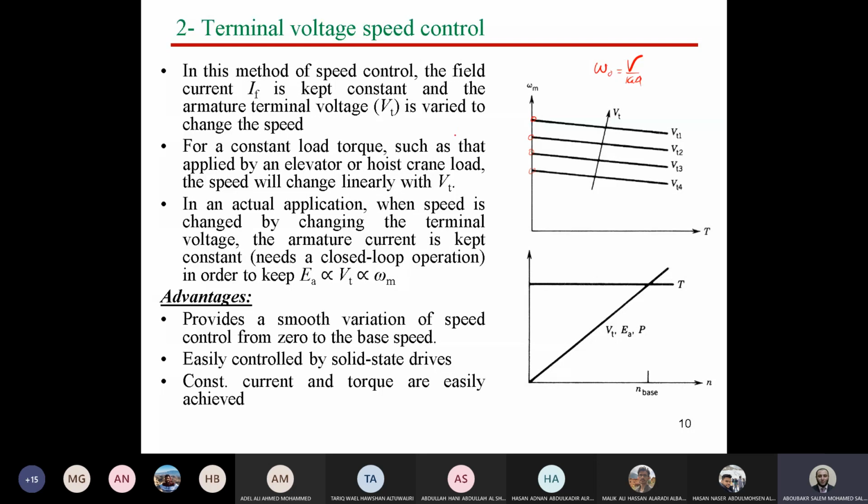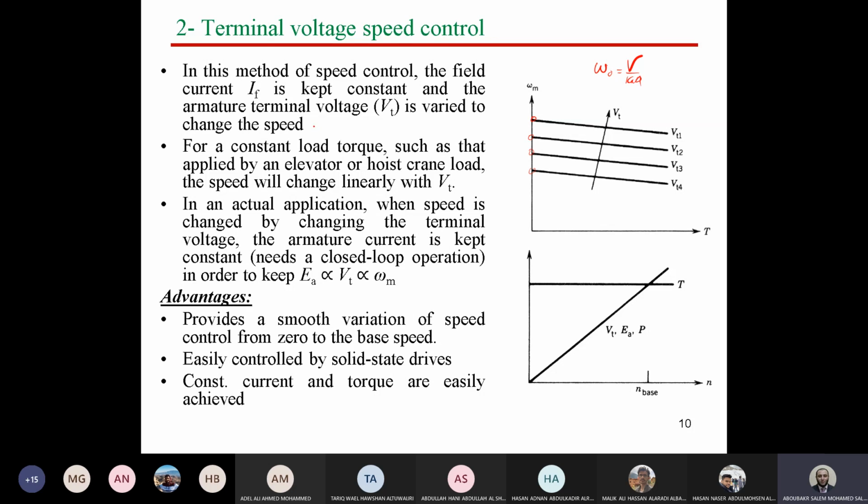In this method of speed control, the field current IF is kept constant, and the armature terminal voltage is varied to change the speed. We discussed that in case of shunt motors, guys, if you reduce the terminal voltage, the field current will be reduced.